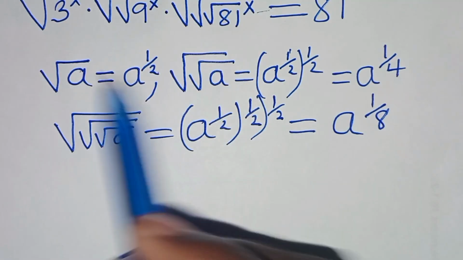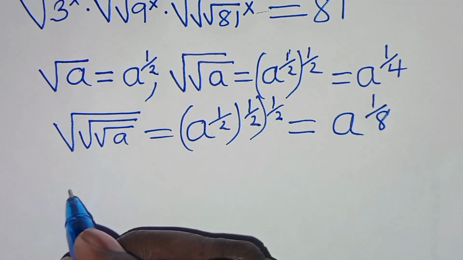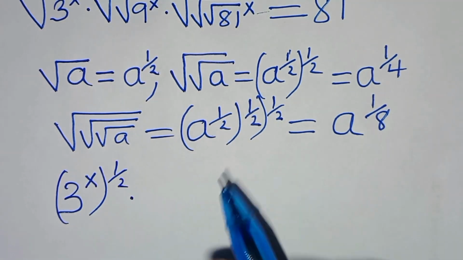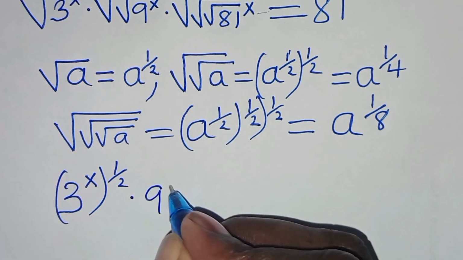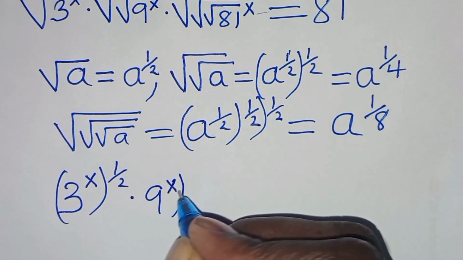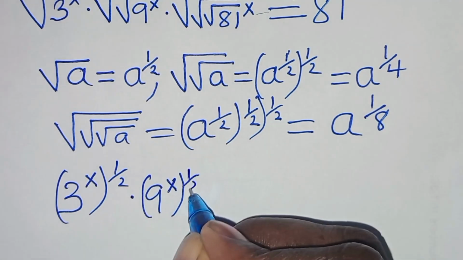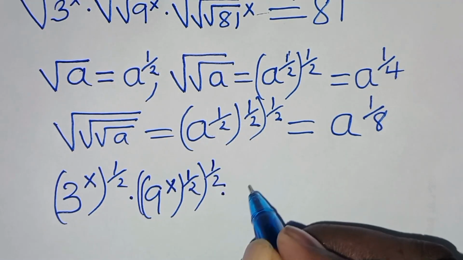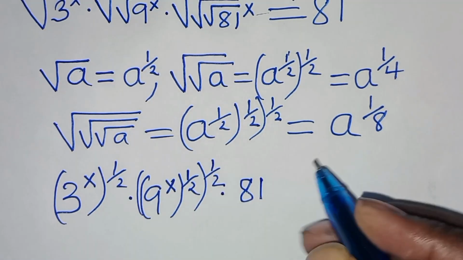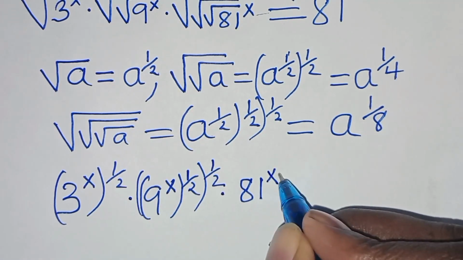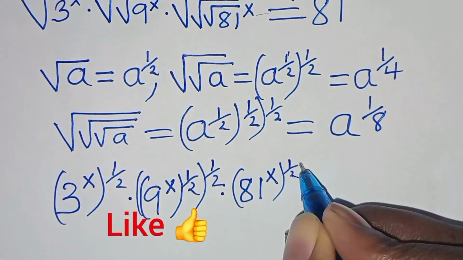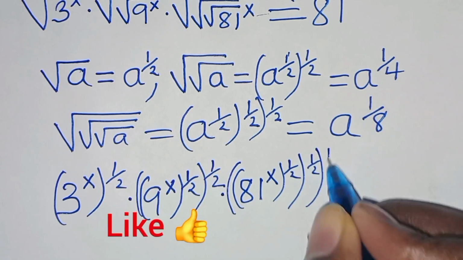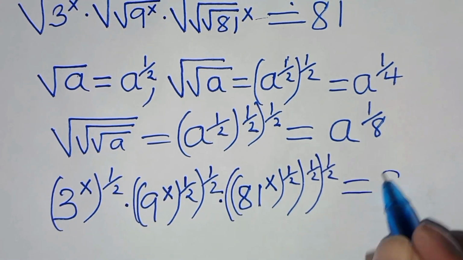So let's proceed. Now this implies that we have 3 raised to power x raised to power half, multiplied by 9 raised to power x raised to power half, again raised to power half, then multiplied by 81 raised to power x raised to power half, raised to power half again, then raised to power half. This is equal to 81.